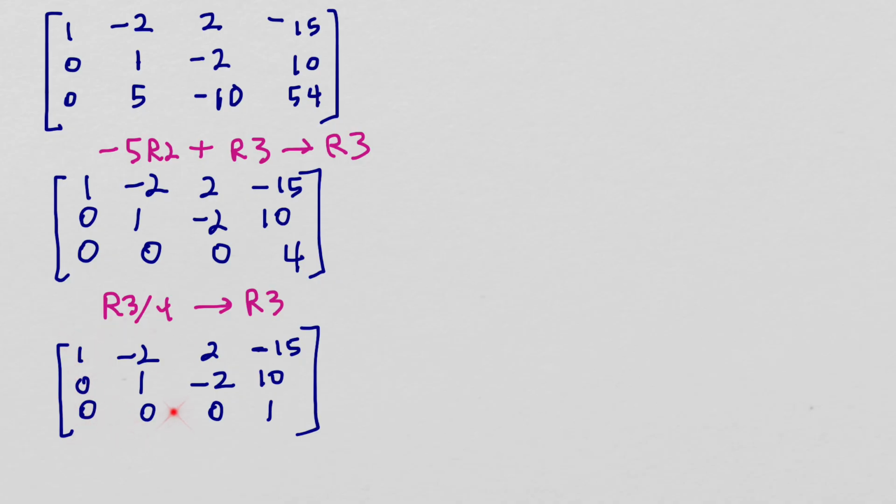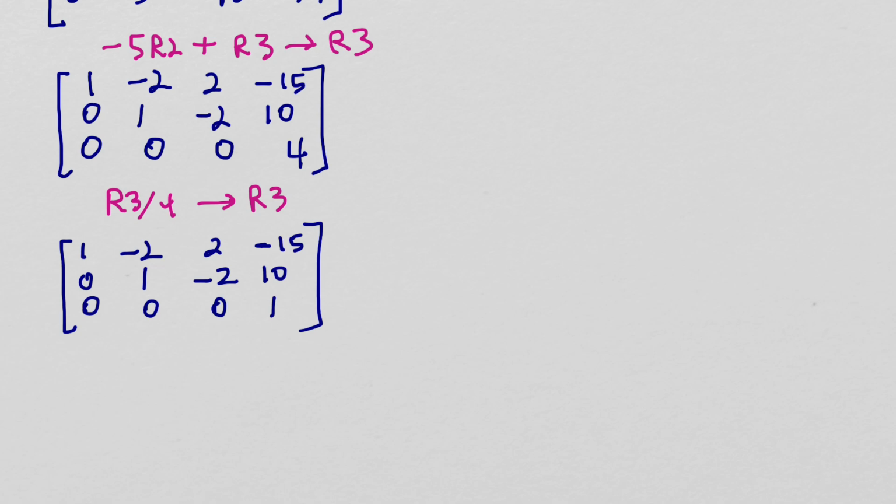Looking at this column right here, here's my leading one, which I could use as a pivot. I need to zero out this element here. So as soon as you hit a leading one in a row, you've got to make sure that every other element in that column is zeroed out by using the 1 as a pivot. So I'm going to say 2 R2 plus R1, new numbers on row 1. So that's going to be 2 times 0 added to 1, so that isn't going to change.